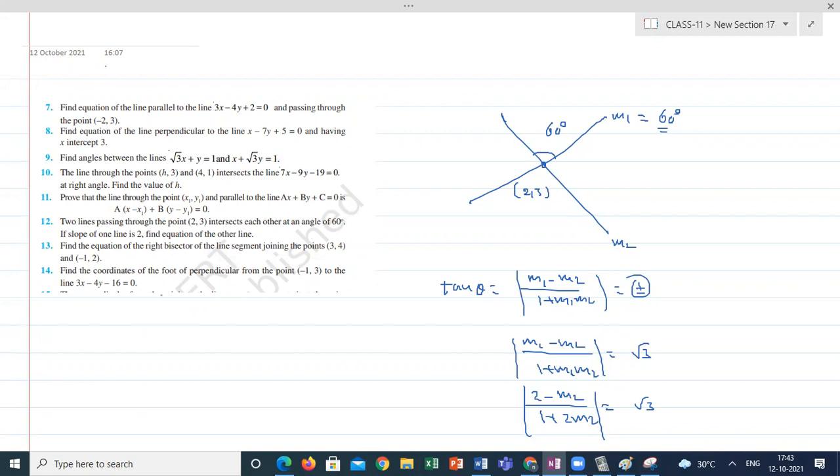You will get two lines because the angle bisector is also making 60 degrees. That's the reason you might get two lines. Suppose this is 120 degrees. The angle bisector is also making 60 degrees.